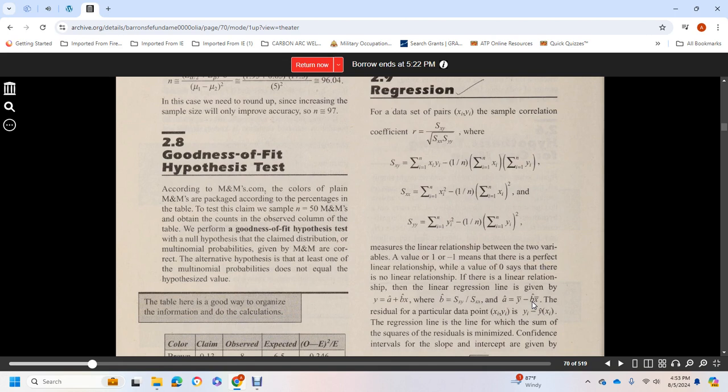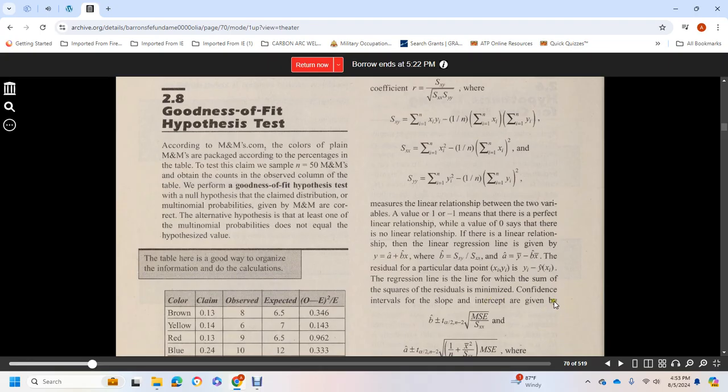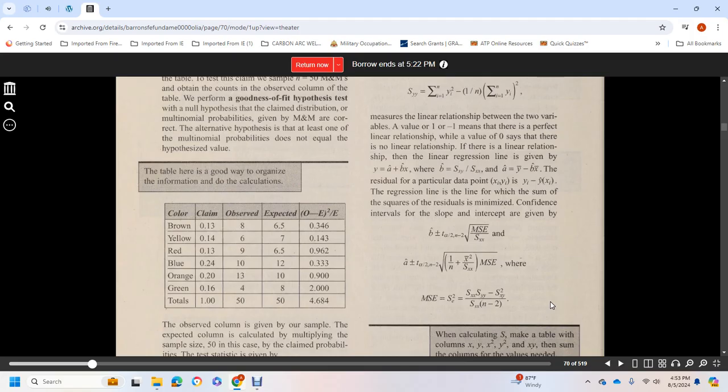If there is a linear relationship, then the linear regression is given by y equals a plus bx, where b is equal to Sxy over Sxx, and a is equal to the mean of y minus b times the mean of x. The residual for a particular data point x_i, y_i is y_i minus the predicted y at x_i. The regression line is the line for which the sum of the squared residuals is minimized. Confidence intervals for the slope and intercept are given. Then it shows the quadratic formula.